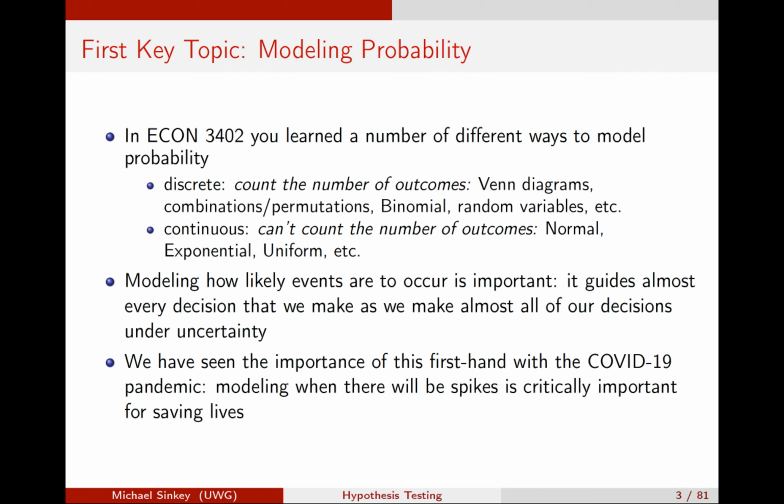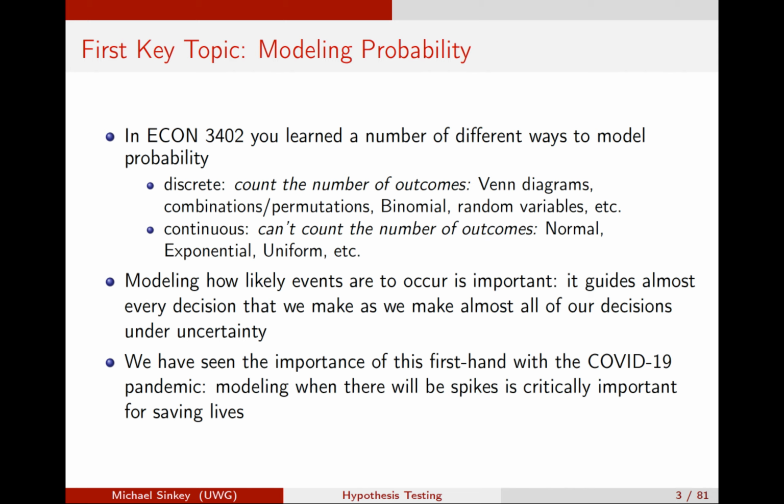And we've seen this firsthand during the COVID-19 pandemic. So modeling where spikes will be is critically important for saving lives. So modeling when a state will run out of ICU beds or the probability that utilization will increase rapidly is important to saving lives.